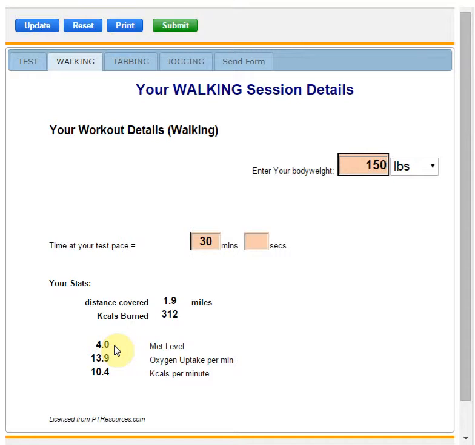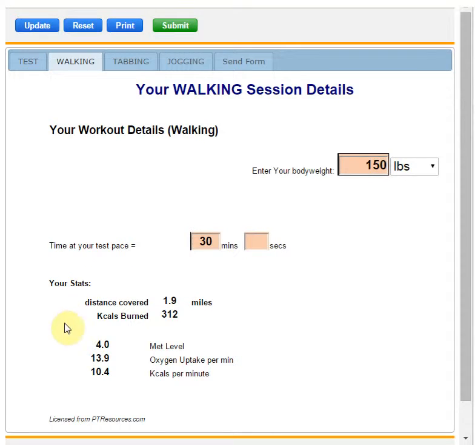Whereas if their max MET level was 6, then they're going to be working at a much higher percentage, and quite honestly they're probably not going to be able to therefore keep up the same pace for 30 minutes. So quite a lot of information here, especially if you understand the metabolics and how their functional capacity, their VO2 max, compares to what's going on here.